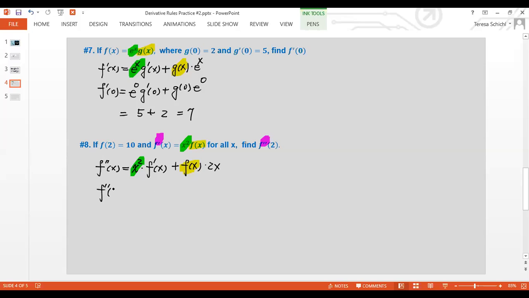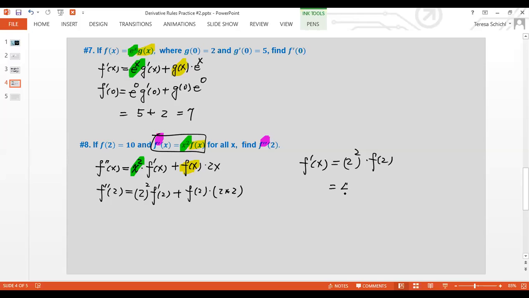Okay, so now you want to find f double prime 2. So this will be 2 squared times f prime 2, plus f of 2 times 2 times 2. The only thing we need to know is f prime 2. So f prime 2 will be equal to 2 squared times f of 2, based on these definitions here.